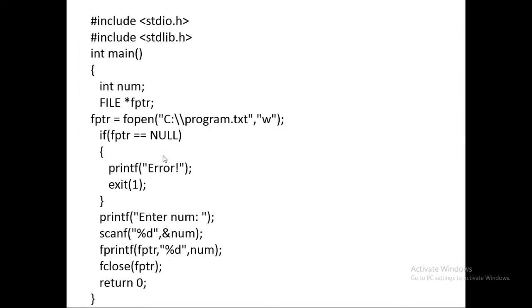In this example, our aim is to get a number, and that number will be stored in a text file. This is the objective of our program. Normally we use stdio.h, but here we include one extra header file, stdlib.h, that is the standard library header file.